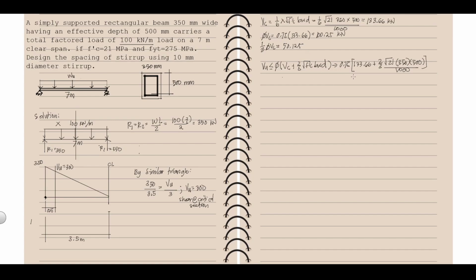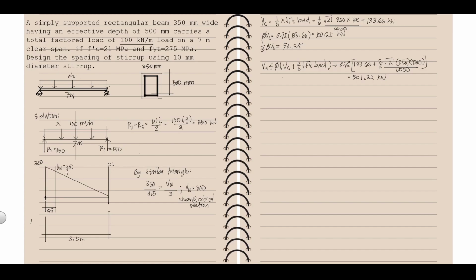So meron tayong value na equal to 501.22 kilonewton. Okay, as you can see sa ating diagram, ang pinaka-critical naman na dito or pinakamataas na value ng ating shear is sa mismong malapit sa support or at the critical section.